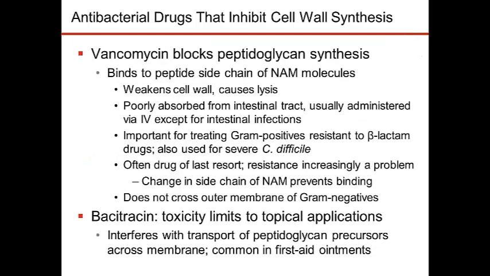There are other antibiotics which can inhibit cell wall synthesis. Vancomycin is a glycopeptide that inhibits cell wall peptidoglycan synthesis by binding to the substrate of the transpeptidase enzyme. It is used for methicillin-resistant Staphylococcus aureus infections and people who are allergic to penicillin.